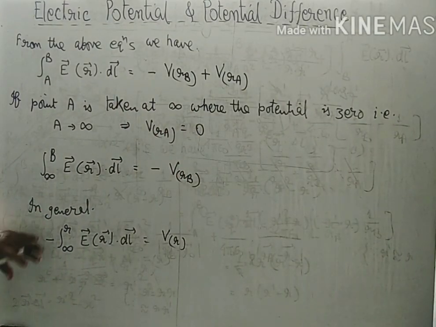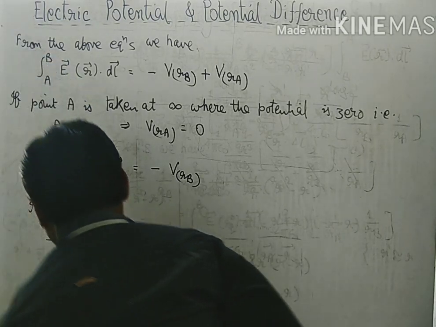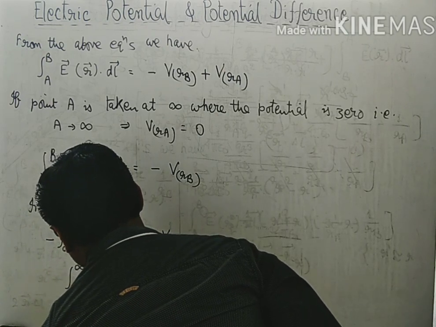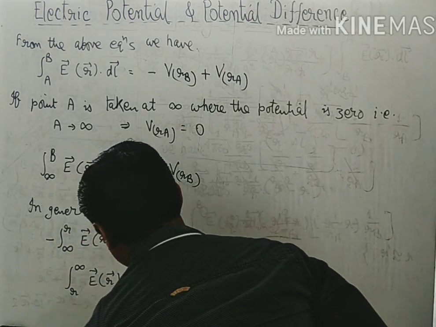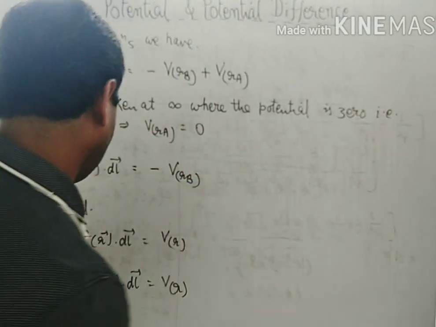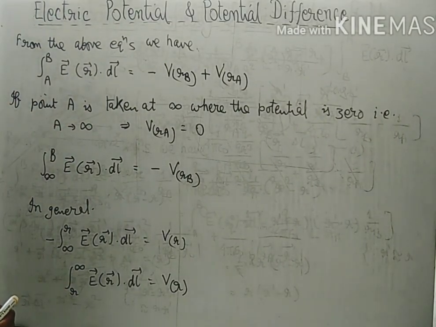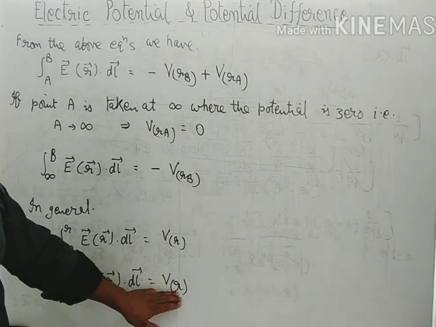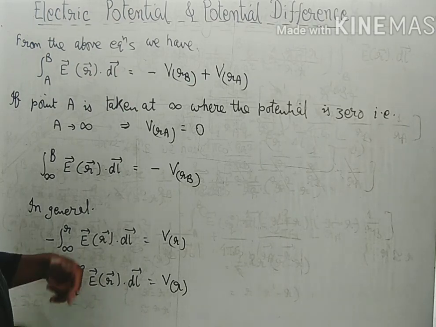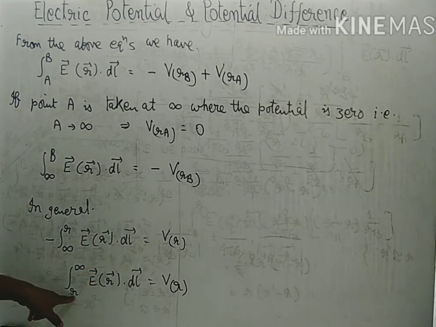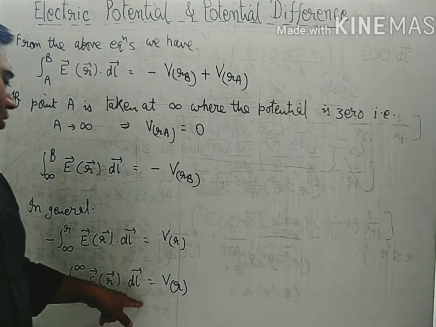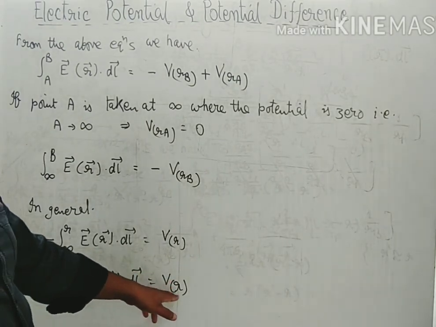Or if we alter the limits, we can have r here and infinity here, the integral of the electrostatic field as a function of r dot dl, which is equal to V of r. So this way the electrostatic potential at a certain point can be defined as the line integral of the electrostatic field taken from the position of that point to infinity. This can be said as electrostatic potential.